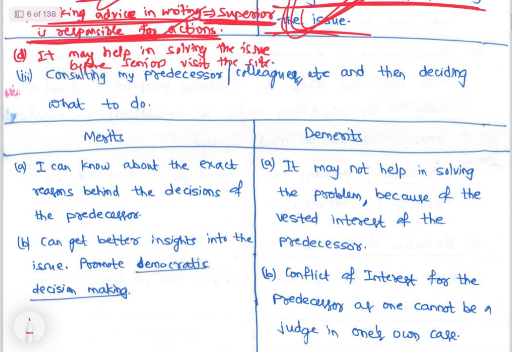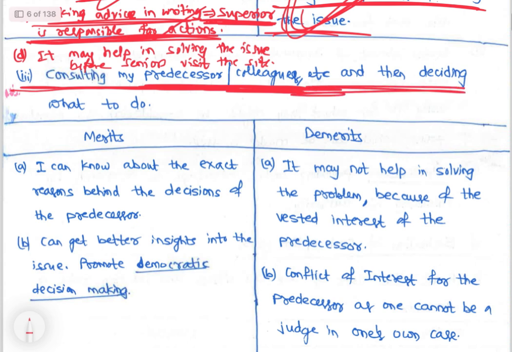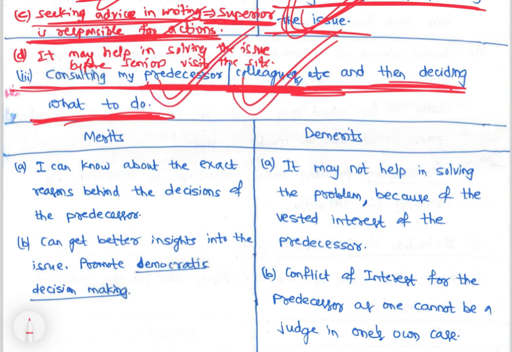Then the third option is consulting my predecessor or colleagues etc. and then deciding what to do. See, your predecessor is the sarpanch's relative, and he is also part of the problem, so you are consulting him. What made him take that decision, and you will consult your colleagues also, then decide what to do, right? So what is the merit?